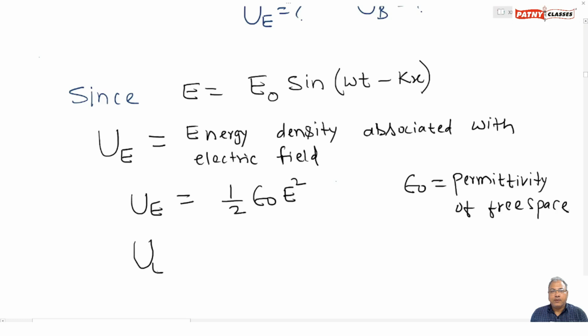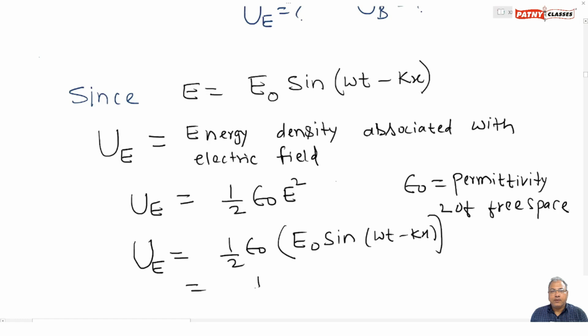Therefore, the energy density due to the electric field equals half epsilon naught, now putting the value of E, that is E naught sin(omega t minus kx) whole square. So this equals half epsilon naught E naught square sin square of (omega t minus kx). Call it equation number 1.